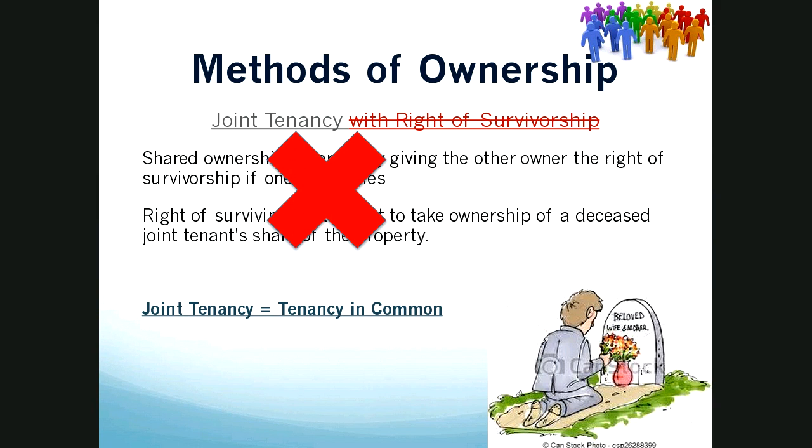So now we're going to talk about the tenancy in common, but I'm going to show you why, at least in Texas, you can't just say joint tenancy. Otherwise, you get a tenancy in common. You have to say joint tenancy with right of survivorship.